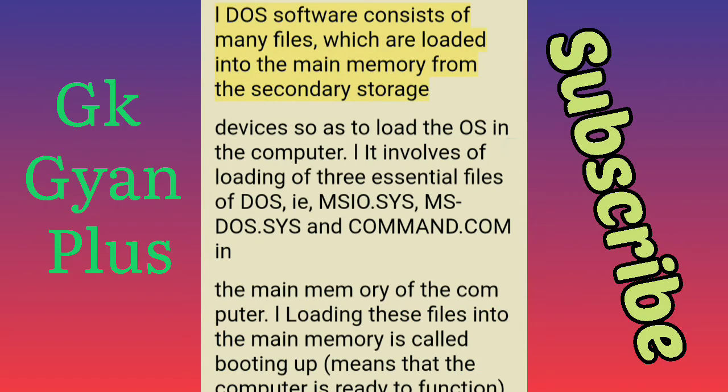DOS software consists of many files, which are loaded into the main memory from the secondary storage devices so as to load the OS in the computer. It involves loading three essential files of DOS, i.e., MSIO.SYS, MSDOS.SYS and COMMAND.COM, in the main memory of the computer.